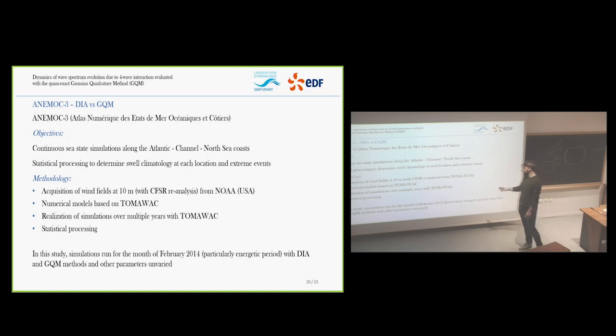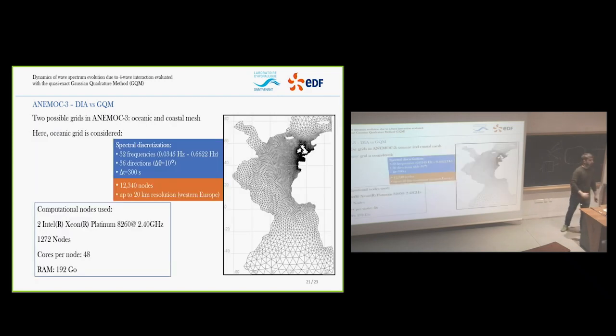And what we did was running simulations for the month of February 2014 with the GQM method and DIA method without changing the other parameters. Here you can see some of the specificities of the grid of ANEMOC3, which covers the whole Atlantic Ocean, and it's more refined close to Western Europe.